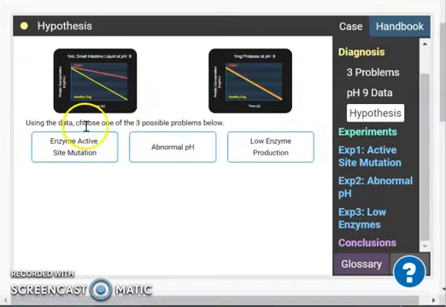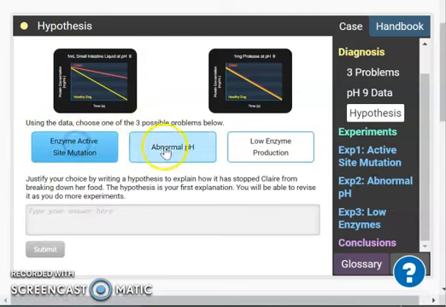Using the data, we want to choose one of our three possible problems. Once we have done this, we do want to justify.